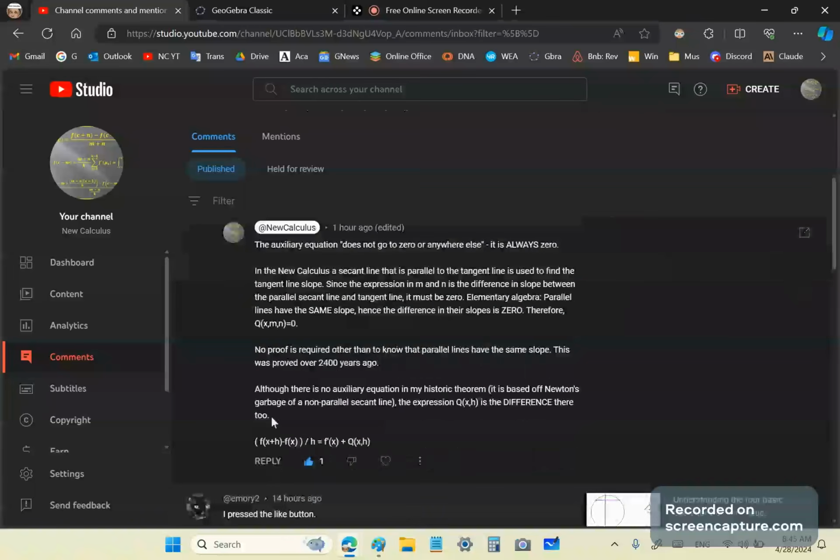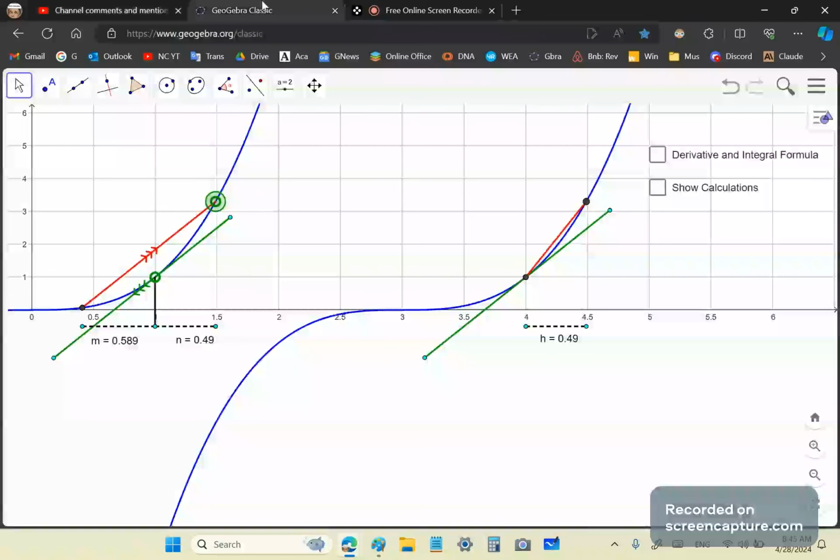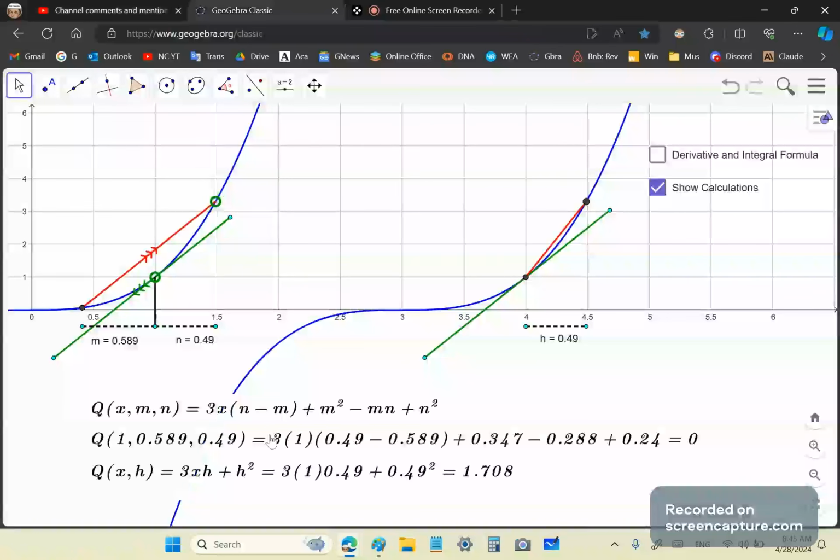Okay, now let's get to this diagram and explain a few more things. So how do these things work? Let's see the calculations. This first states the equation of the auxiliary equation in terms of the cubic. I've used the cubic for both the new calculus example and Newton's calculus, which is on the right.